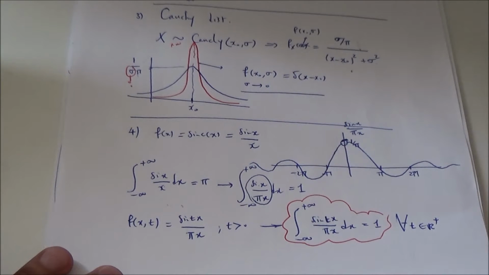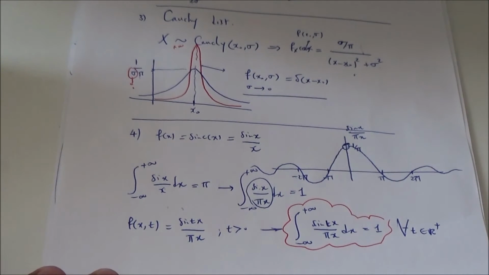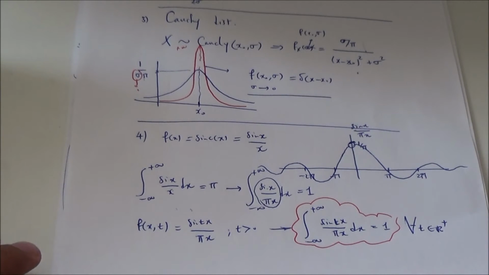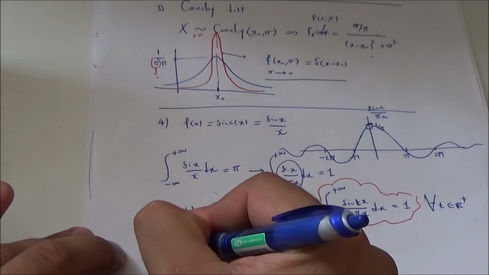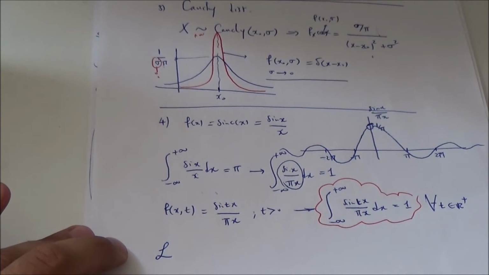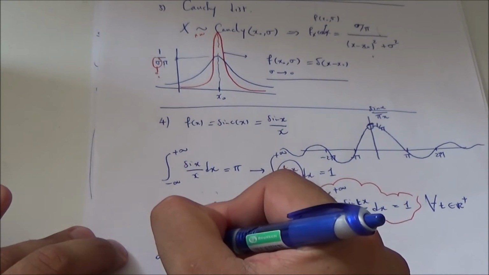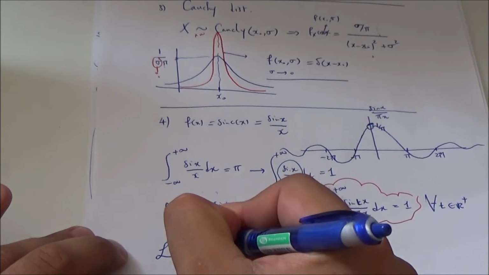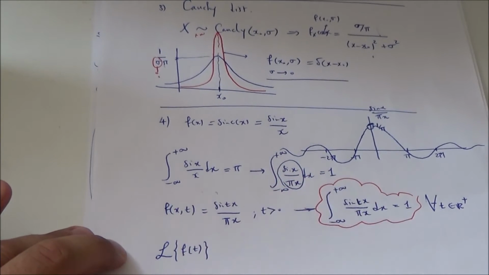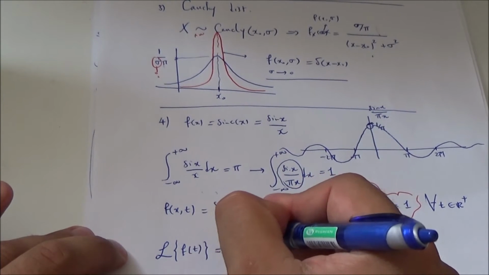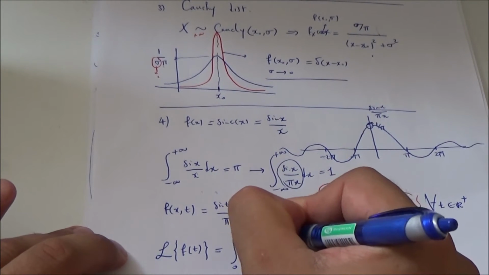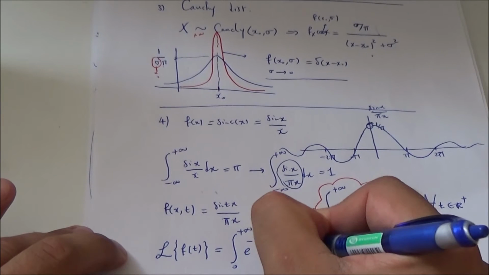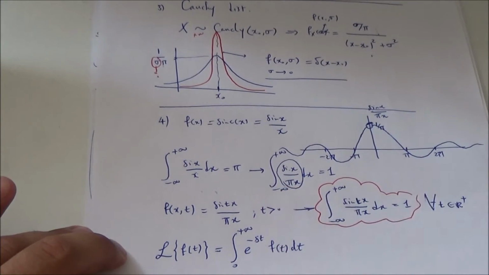And now the objective is to show this formula, and in order to show that I will use the concept of the Laplace transform of any function. So if you remember, the Laplace transformation of a function of t is defined as the integral from 0 to plus infinity of exponential of minus st times f of t dt.